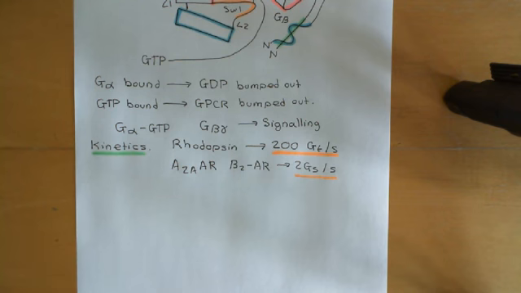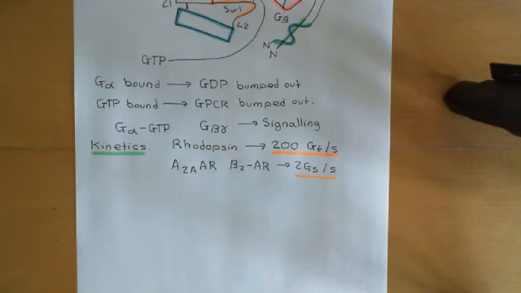So this is obviously a very important phenomenon that must have a reason for why the rhodopsin receptor is so much quicker at doing this process of actually activating the heterotrimeric G protein. But we don't know why the rhodopsin receptor is so much better at doing it.